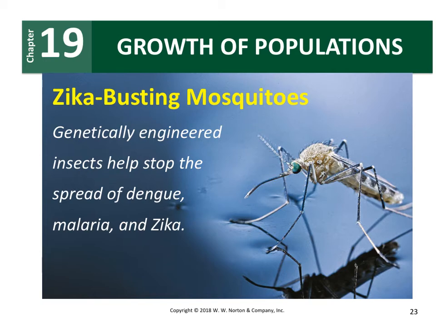And so they were looking for a way to perhaps control the outbreak of Zika virus. And they did this by genetically engineering some Aedes aegypti mosquitoes, specifically males that were sterile.